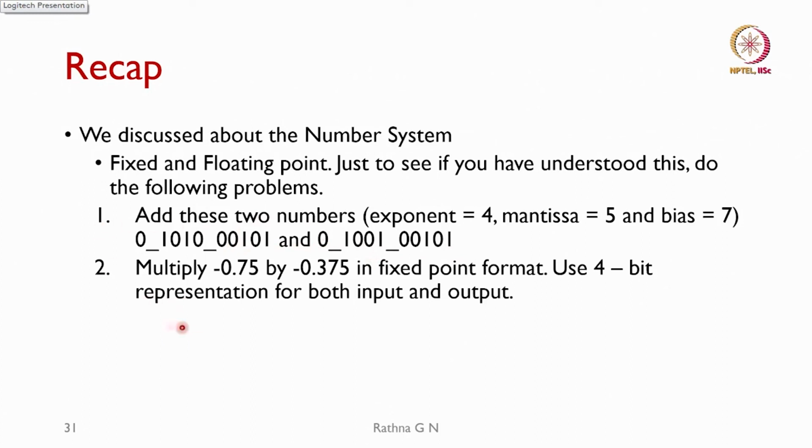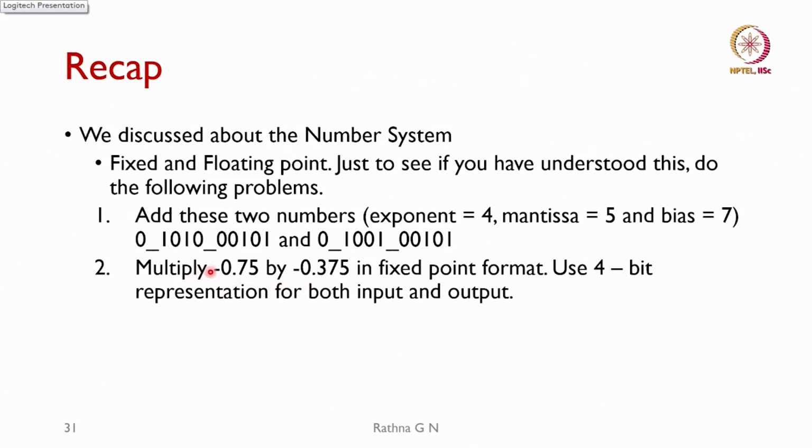The second assignment that I have given is minus 0.75 by minus 0.375. So, we did the simple positive number multiplication. Now there is going to be a trick: multiplication of two negative numbers. I know the result is going to be positive.